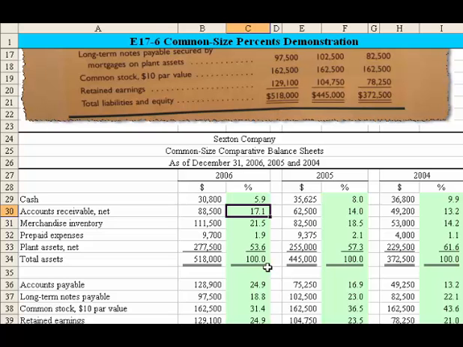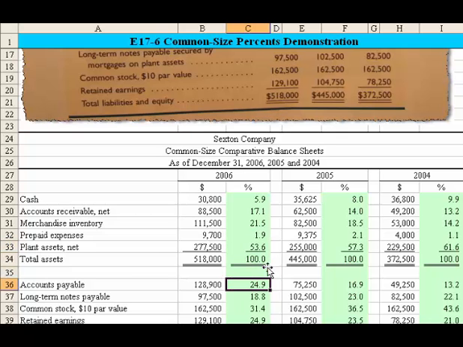Now, looking down at plant assets, they've declined from 57.3 to 53.6. That's good news if we are operating efficiently, meaning we're getting more out of the assets we have. That would be a positive thing. But if it means that we're not reinvesting in the equipment in the company, then that would be perceived as not a favorable, but rather an unfavorable event.